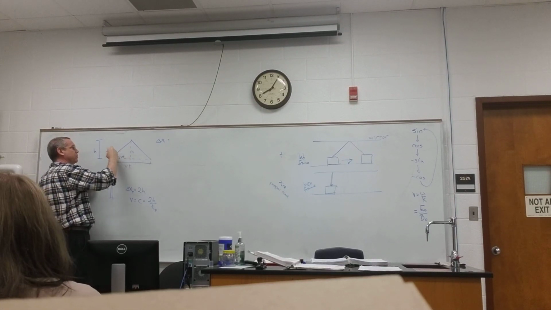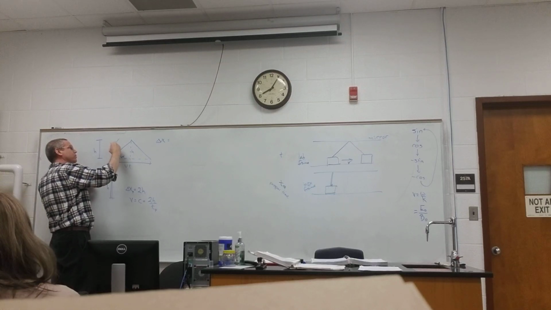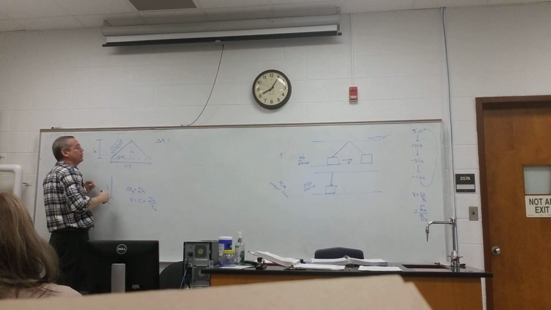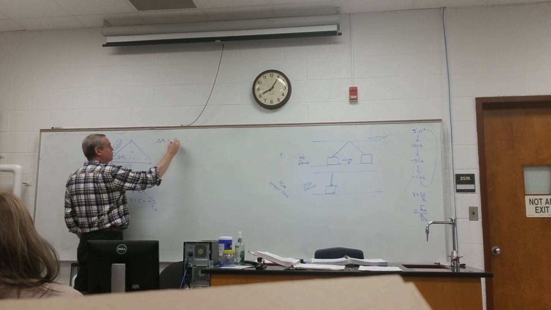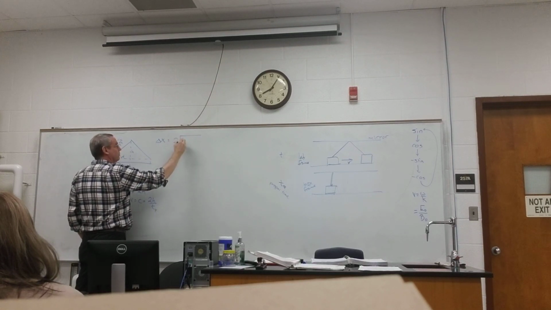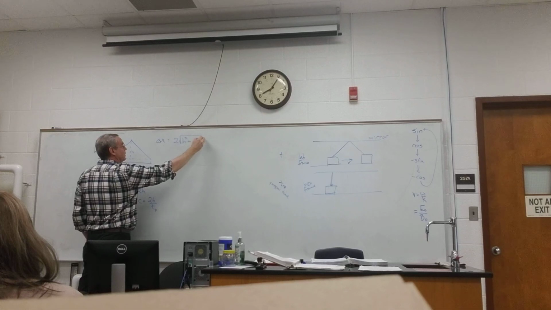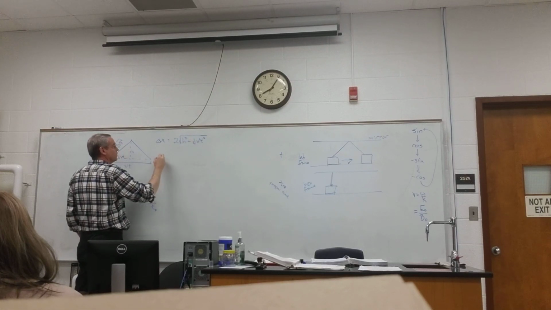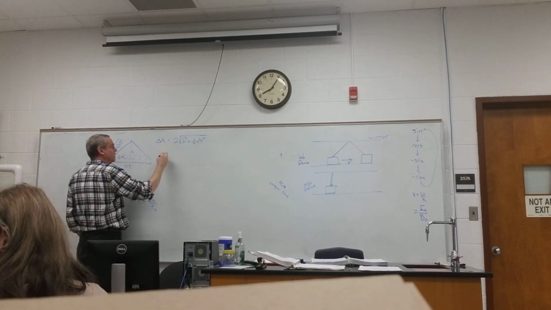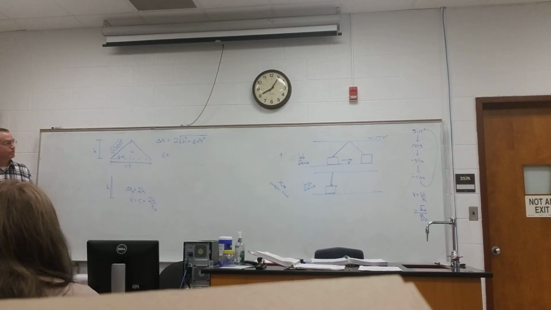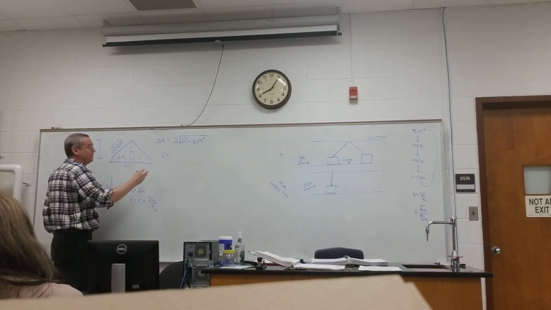This is h, little Pythagorean theorem. This is h squared plus 1/4 v squared t squared. So the distance it travels is 2 times the square root of h squared plus 1/4 v squared t squared. And so the speed of light in the lab frame is just that divided by time.